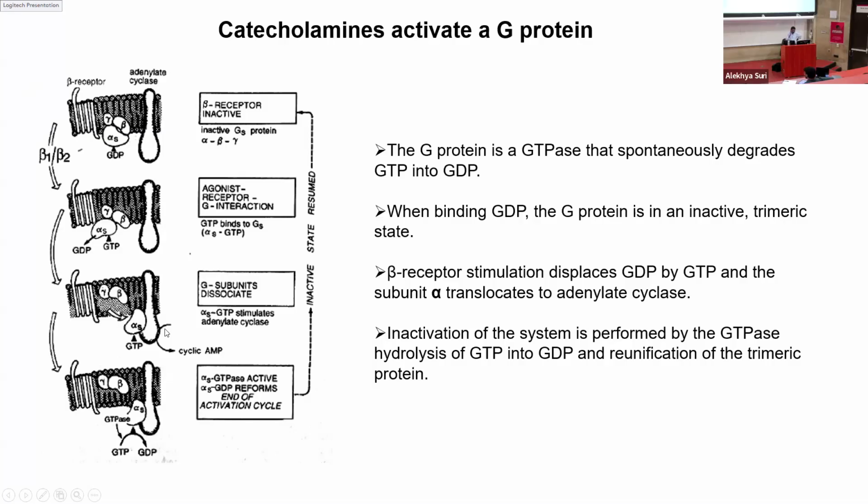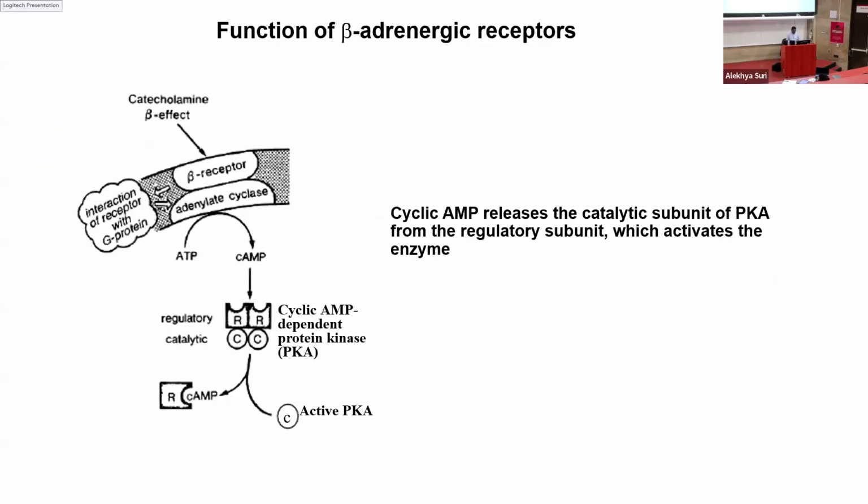The adenylyl cyclase, or adenylate cyclase, will stimulate cyclic AMP production. Cyclic AMP is one of the second messengers, and then the cyclic AMP will activate the protein kinases for its function. Once the activation occurs, the GTP will be hydrolyzed and become GDP. Then it will relocate to the beta gamma complex and become inactive. So this is how the entire catecholamine system works.